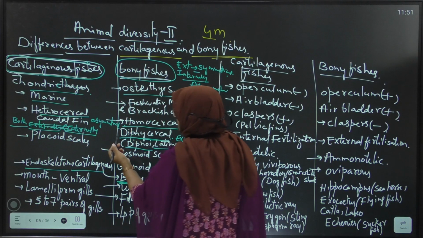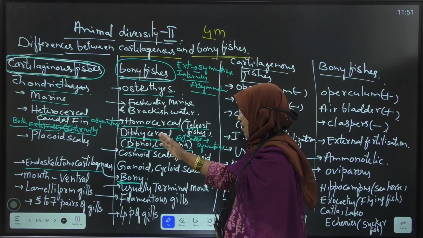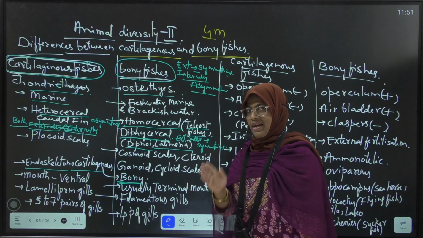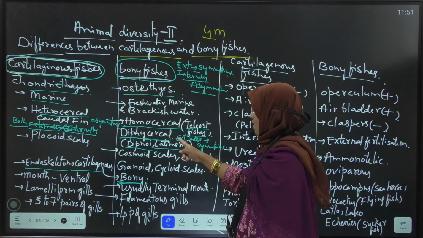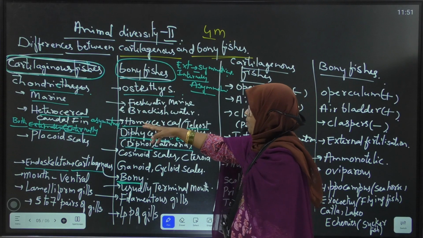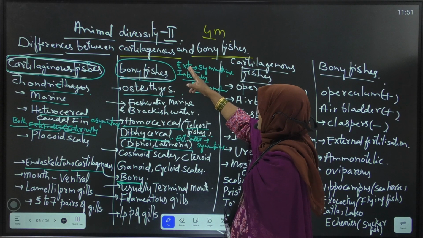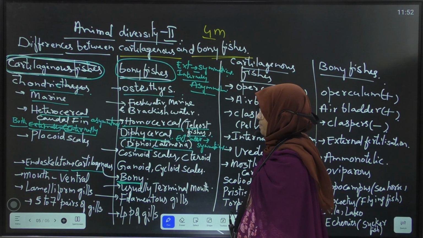Just opposite to the heterocercal caudal fin is the diphycercal caudal fin, which is externally and internally symmetrical. But homocercal caudal fin is externally symmetrical, internally asymmetrical.